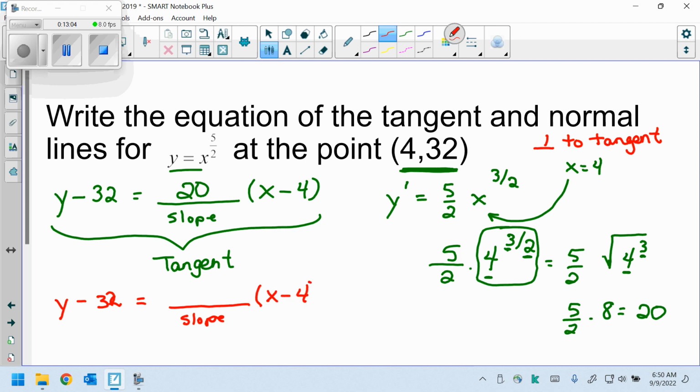Now, what do you know from previous math classes about the slopes of perpendiculars? Are you thinking they're opposite reciprocals? So what's the opposite reciprocal of 20?